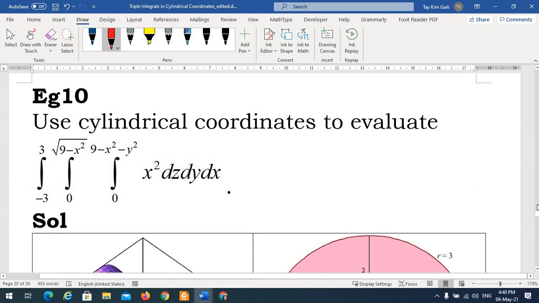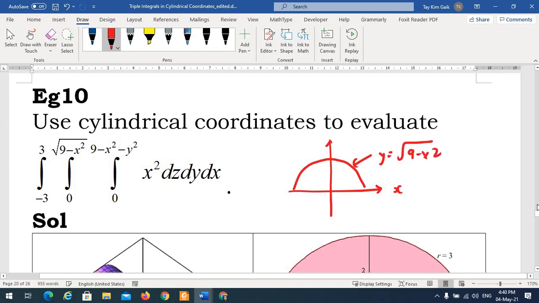We look at the dy. You see the limit of y from 0 to square root of 9 minus x squared. So the limit of y equals 0 is on your x-axis, until y equal to square root of 9 minus x squared.